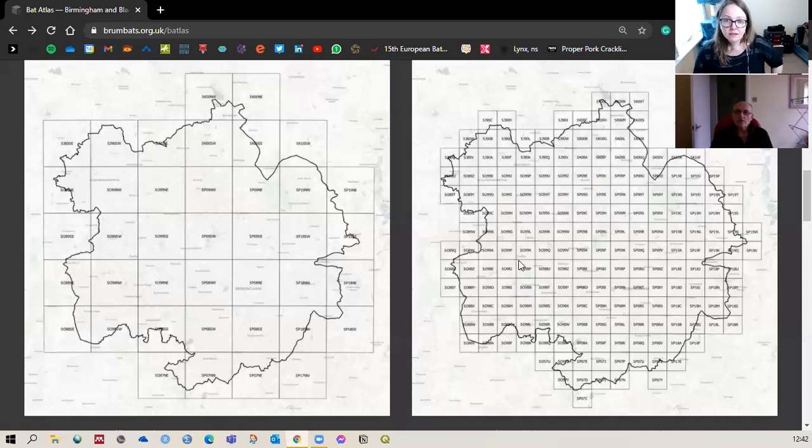And the idea is that every one of the people who volunteered this year to help one of the team leaders to do their 4 squares will then adopt 1 or 2 tetrads for the following year or 2 years. And we're hoping then that within 3 years, we will have this even systematic baseline survey of the bats of the county.